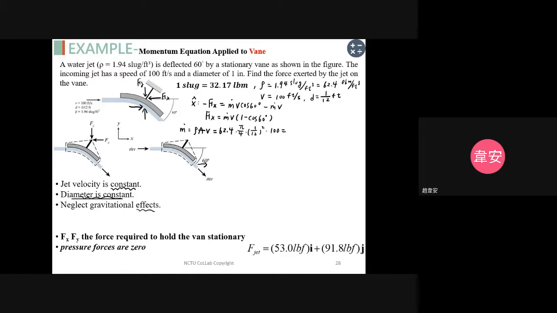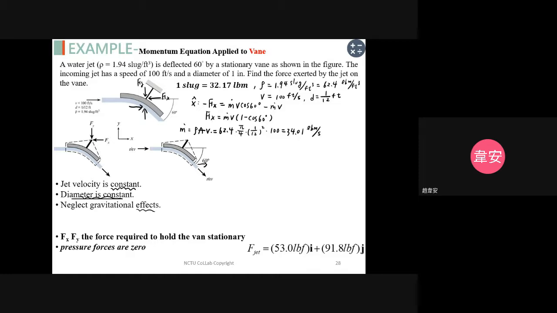You can compute it by your calculator: 62.4 multiplied by pi, multiplied by 100 flow velocity, divided by 4 and divided by 12 squared. So the mass flow rate is 34.01 pound mass per second.